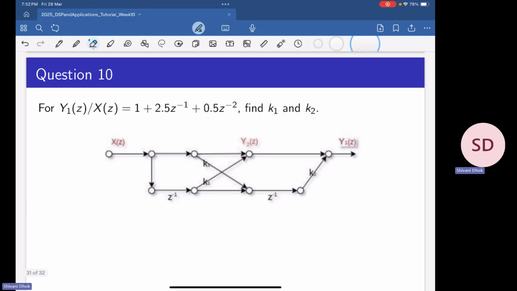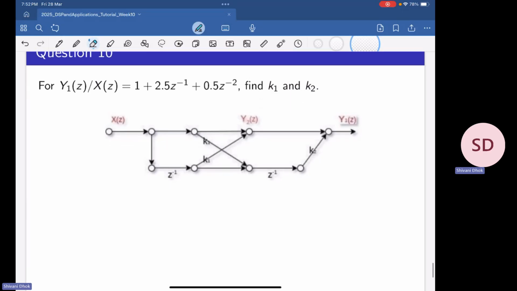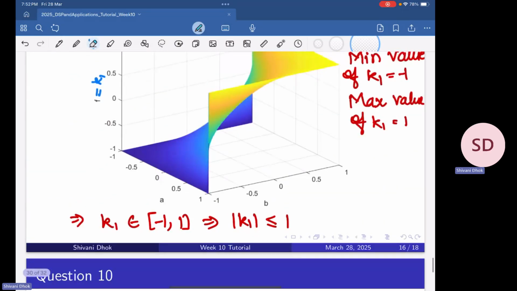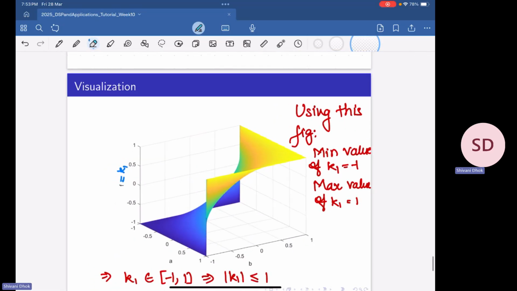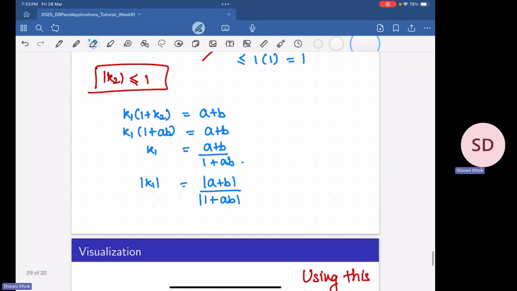Let's not mess up what we have done right now. Are there any questions in this part? Any questions on whatever we have discussed?